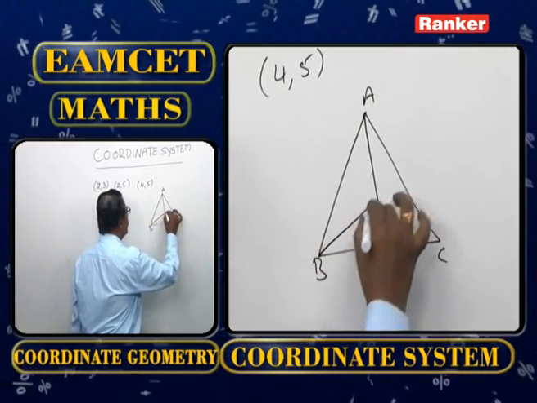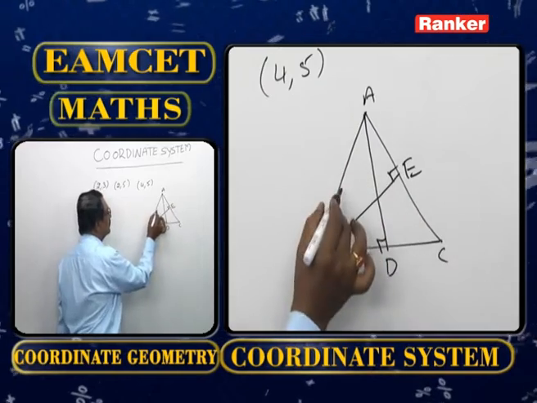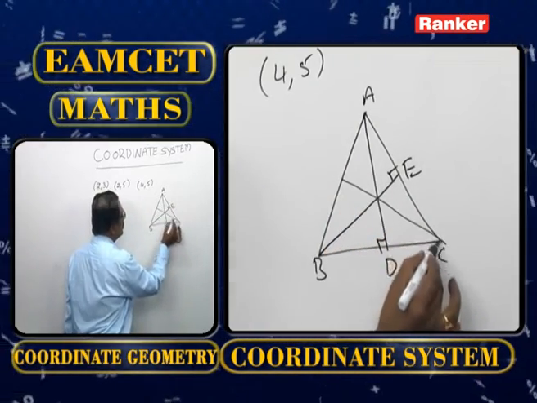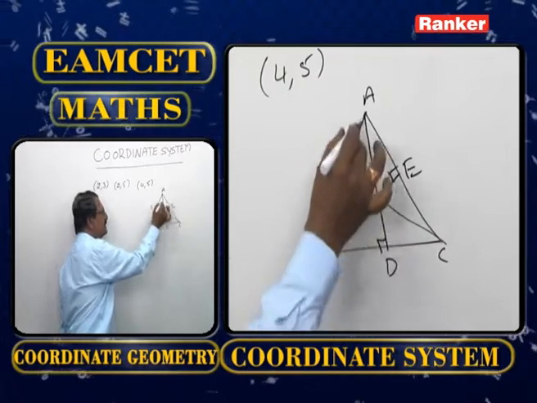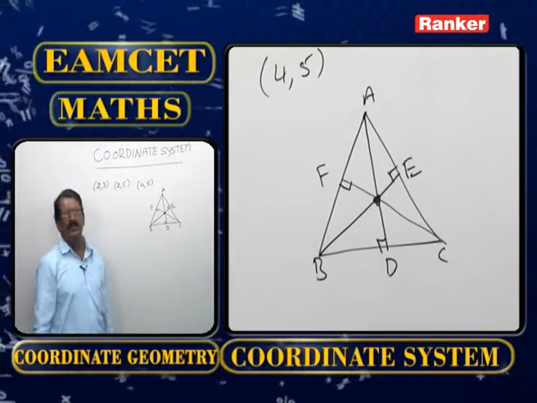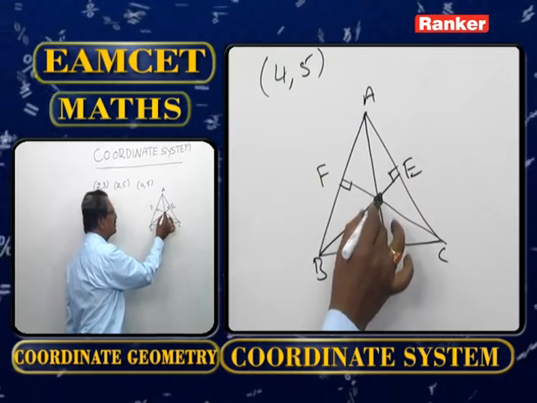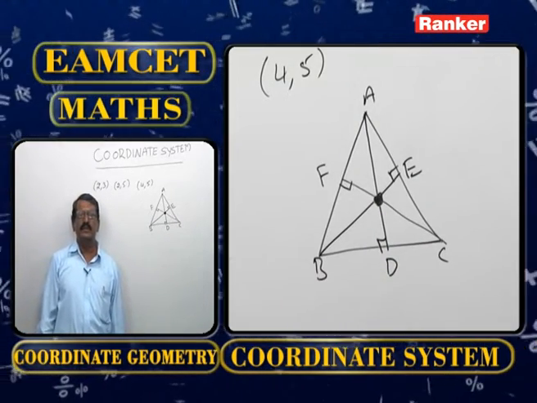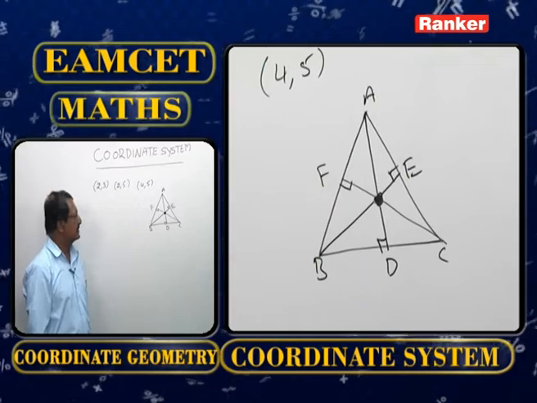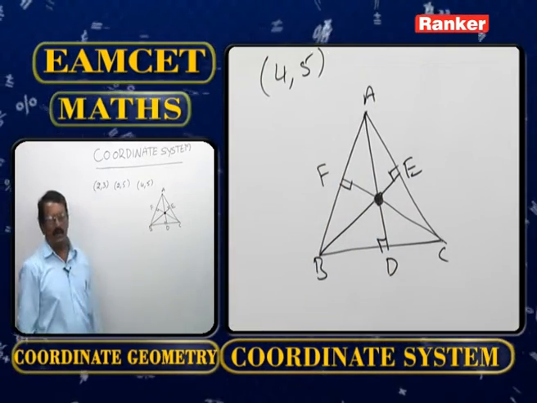Similarly, another altitude BE is perpendicular to CA, and the third altitude is CF. If the three altitudes AD, BE and CF are concurrent at one point, then that point is called the orthocenter of the triangle. The point of concurrency of the altitudes of a triangle is called the orthocenter.